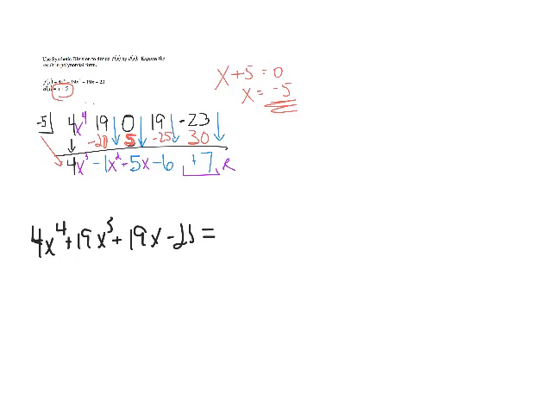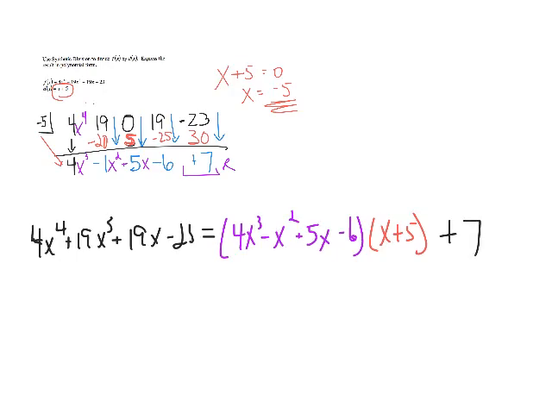The answer that we got was 4x to the third minus 1x squared plus 5x minus 6. We were dividing by x plus 5, and then we have a remainder of 7. So that's what your answer has to look like in polynomial form.